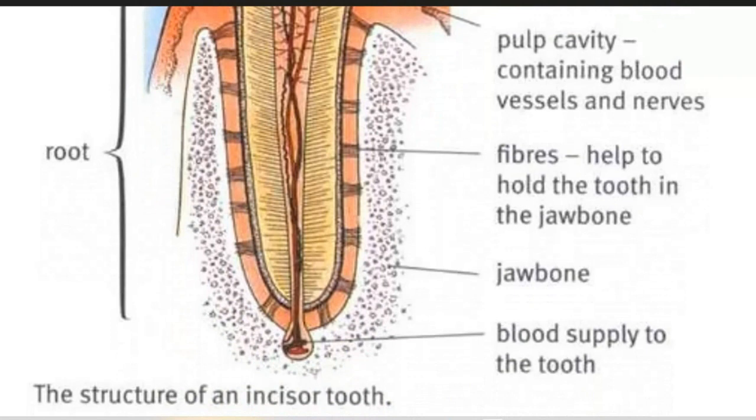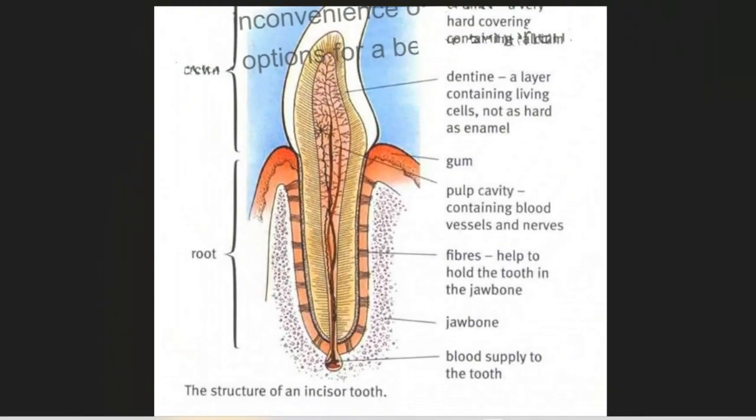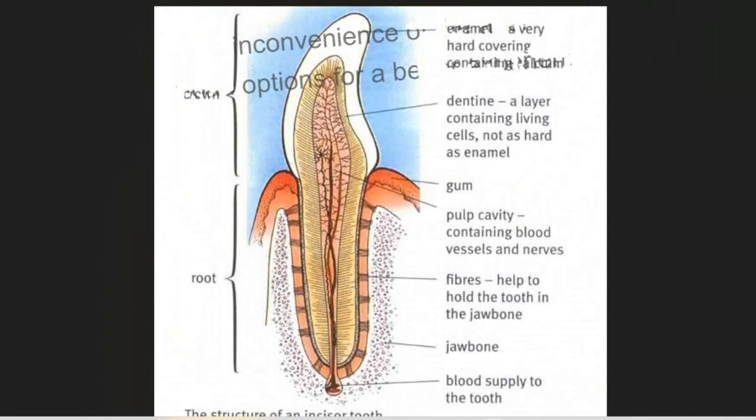Now when dentists have to do a root canal on your tooth, and a root canal is usually done when you need to get another tooth or an artificial tooth installed in your mouth, the blood supply to the tooth has to be punctured, or it has to be stopped. Why?